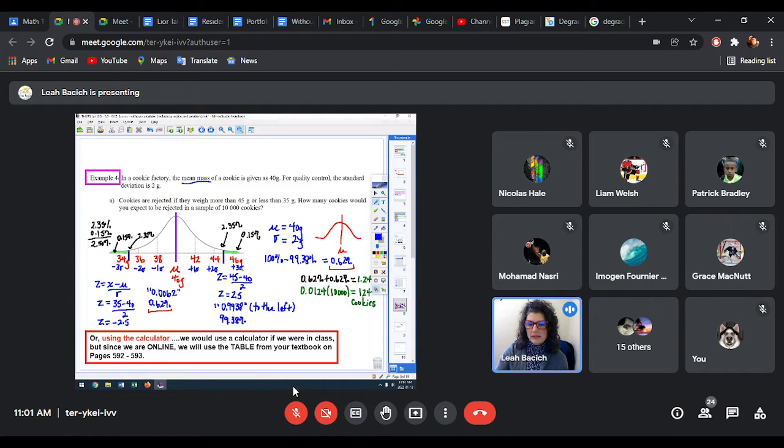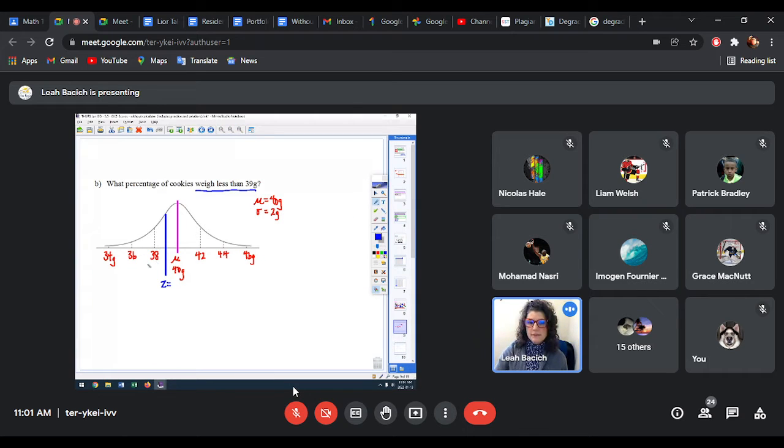And this was between 2 and 3 standard deviations. So that works out just fine. So over here, this is -1 standard deviation, and this is a Z-score that is equal to 0. So when I get my Z-score here, it should be between -1 and 0. Okay, so hopefully it will be if we do this correctly.